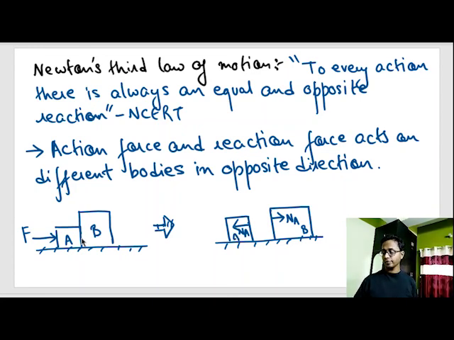It says that the normal force exerted by A on block B, NA, is equal to the normal force exerted by B on A, NB.